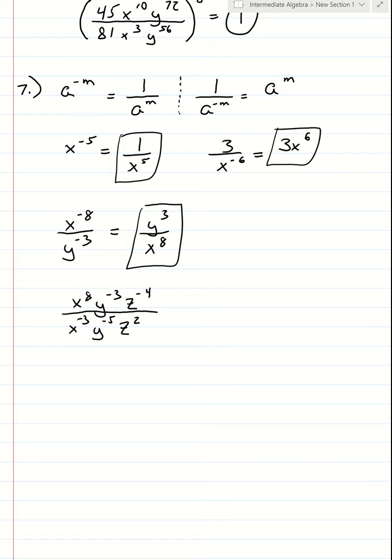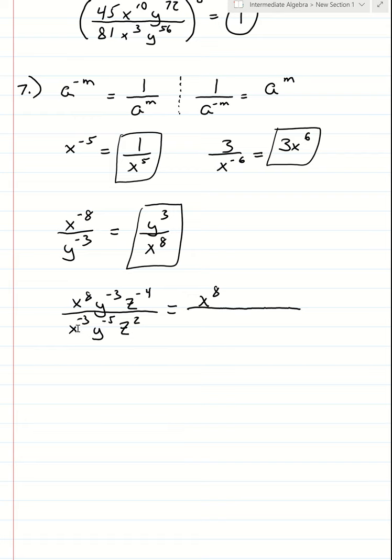Now, what I'm going to recommend doing here is first and foremost, eliminate any exponent that's negative. Only the negative exponents are we going to affect right now. Anything that has a positive exponent, we're going to leave alone. So that means x to the eighth, I'm going to leave that alone. I'm not going to touch that right now because it already has a positive exponent.